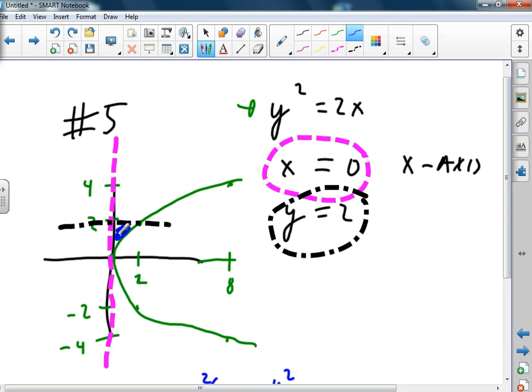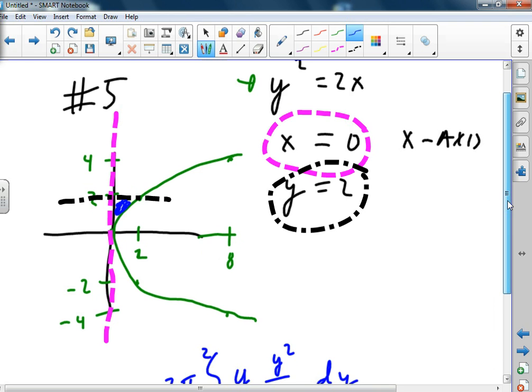I'm rotating this about the x-axis. All right, so it's about the x-axis, which means I'm parallel to the x-axis.